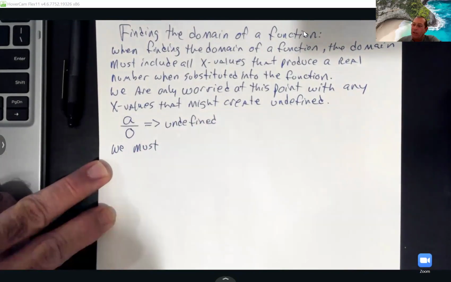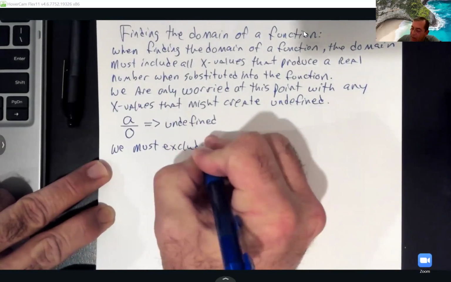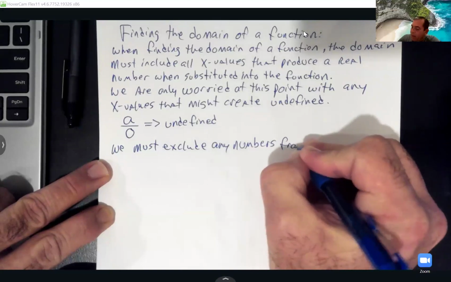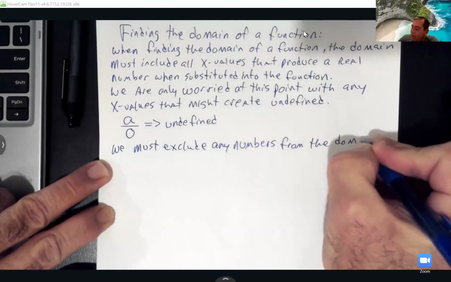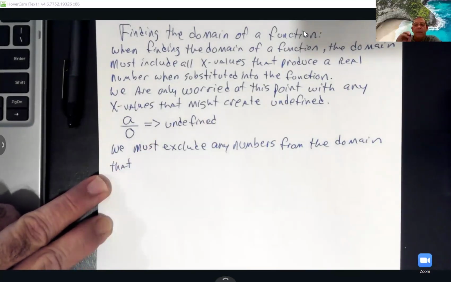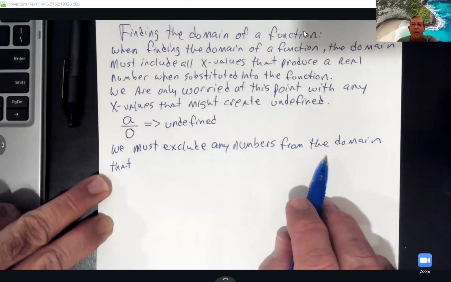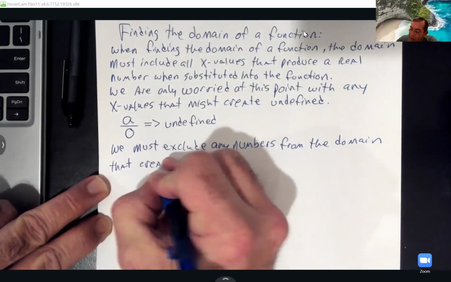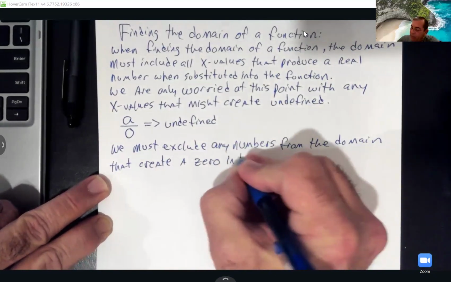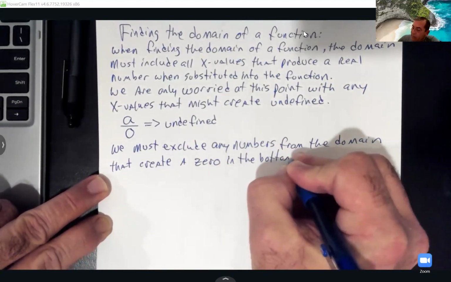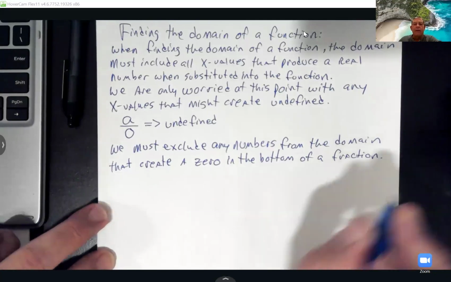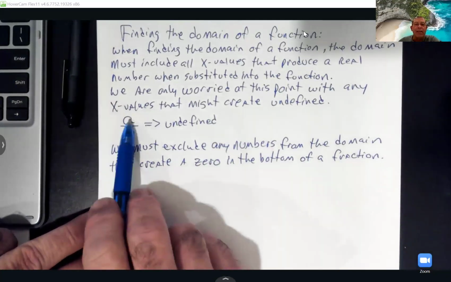So for the section we're looking at, we must exclude any numbers from the domain that create a 0 in the bottom of a fraction. In a fraction is the only way I can get something undefined.